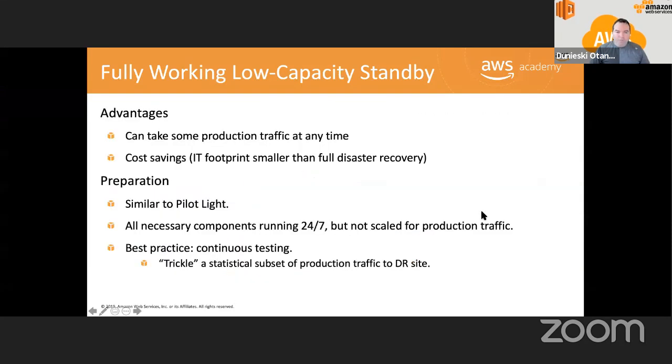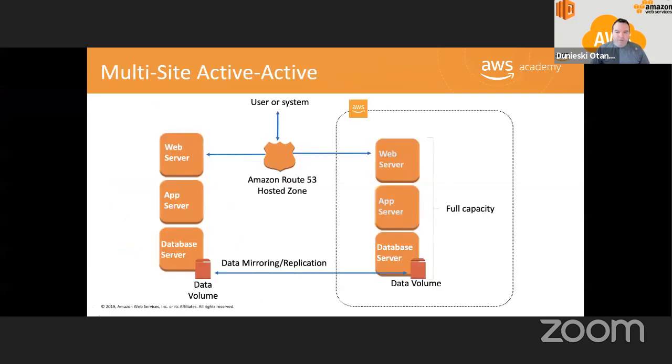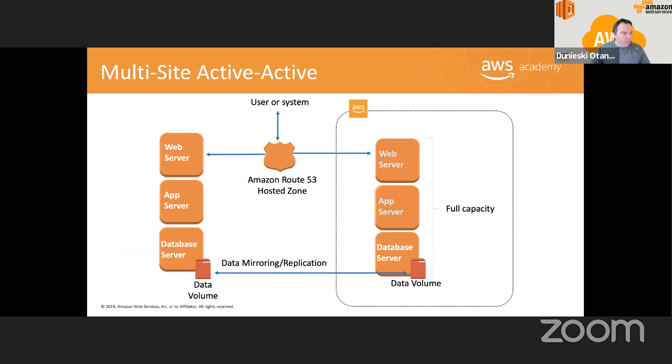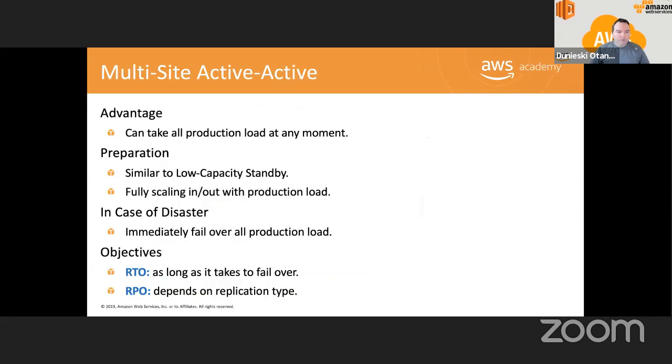Now you are operating here at full capacity, right? And it can take the load at any time. You also perform data mirroring and replication between the two sites. So we have here the advantage: it can take all the production load at any time.